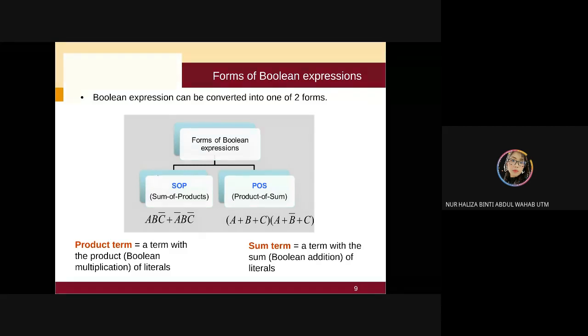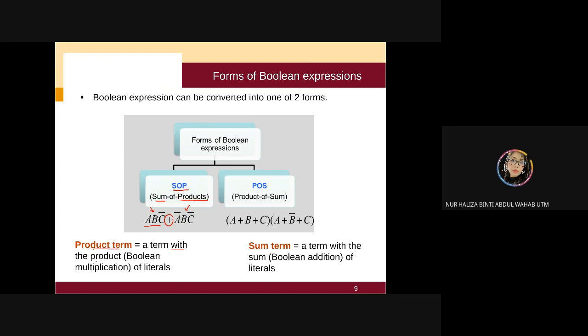Now, what is SOP? What is POS? SOP means sum of products, which is you sum your products. This is product 1, this is product 2, which we call a product term. A product term is a term with a product, which is Boolean multiplication.